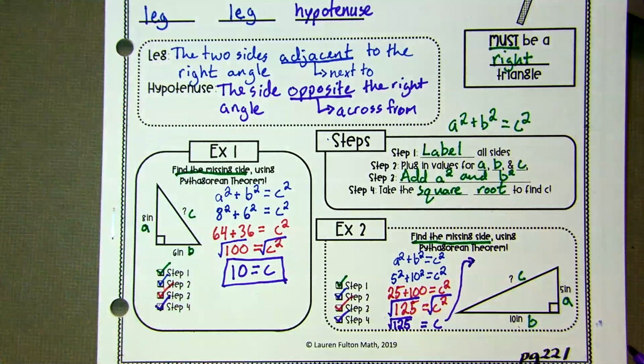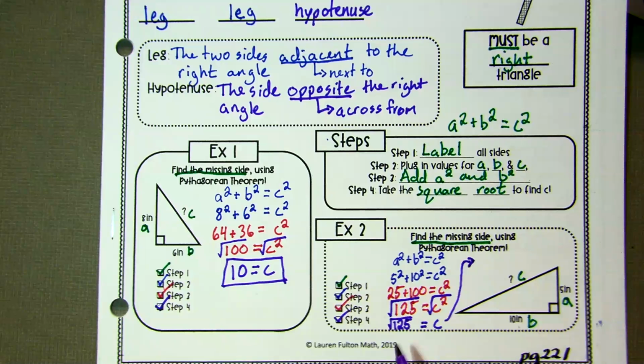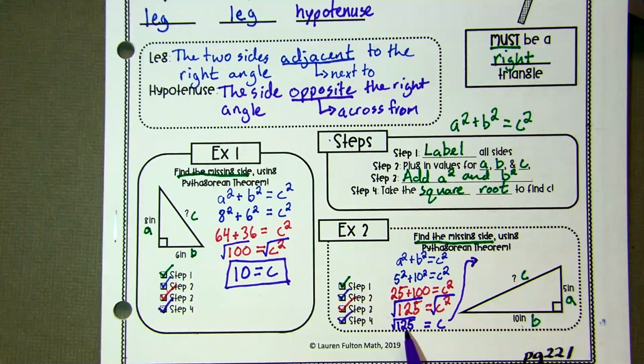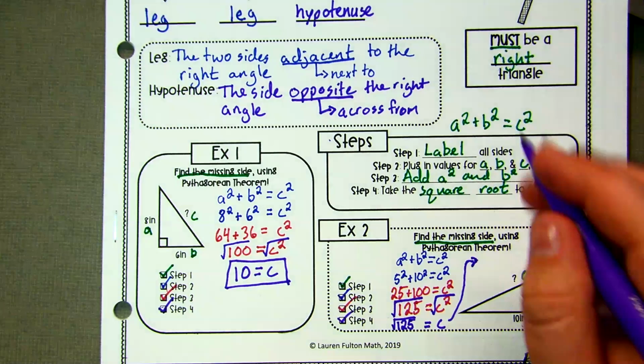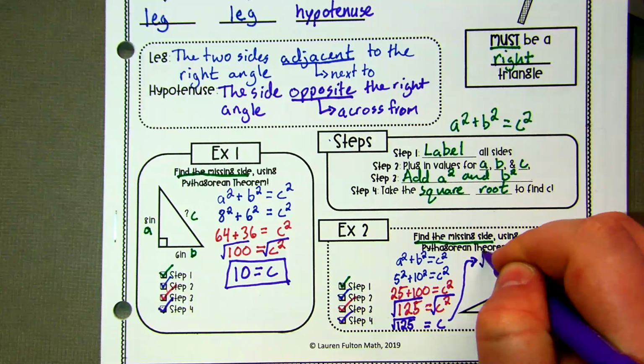To simplify a radical, we need to write the inside as a product of a perfect square times another number. So can anyone come up with a perfect square that divides 125? If you've got one, feel free to message it in the chat. Awesome. That came really fast.